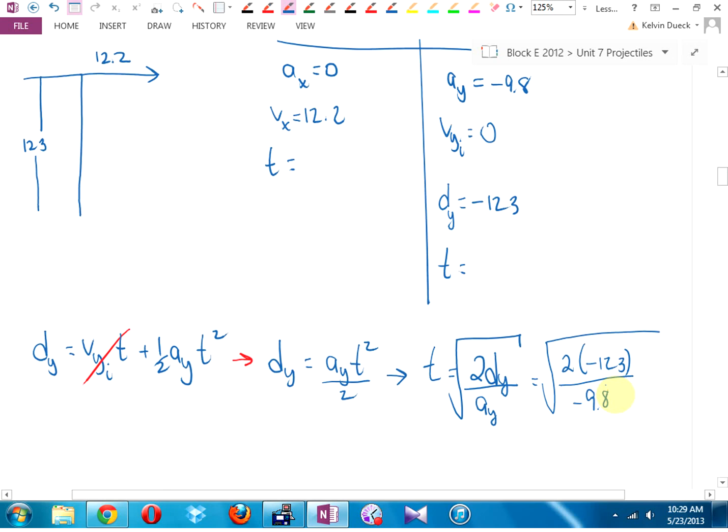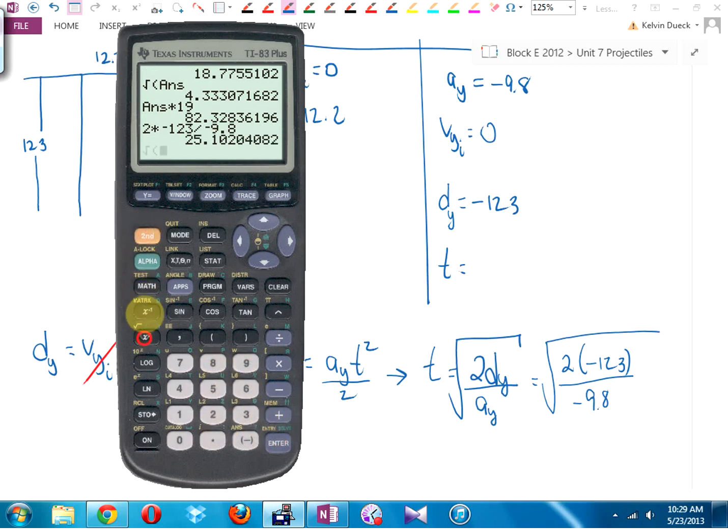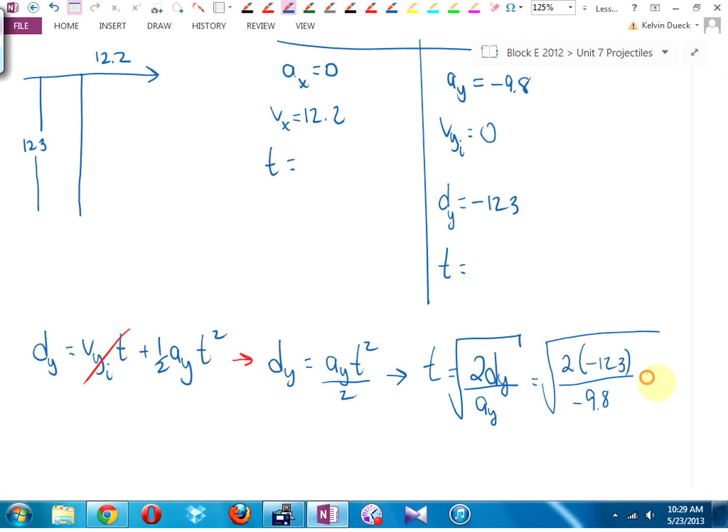What do you get? 2 times negative 123 divided by negative 9.8. It's going to be almost exactly 5, but not quite. 5.01-ish. T equals 5.01 seconds. Let's write that up here: 5.01 seconds.